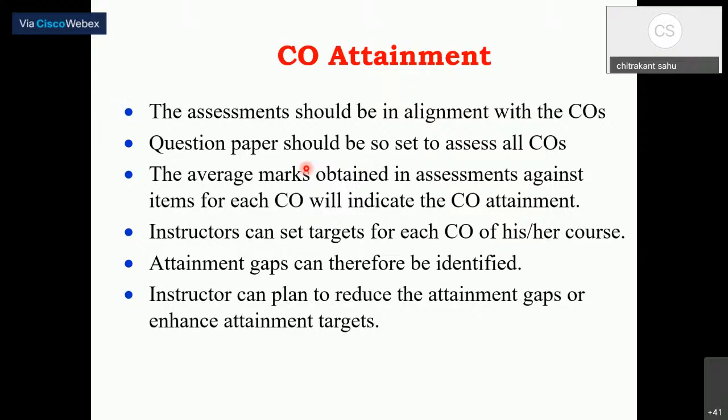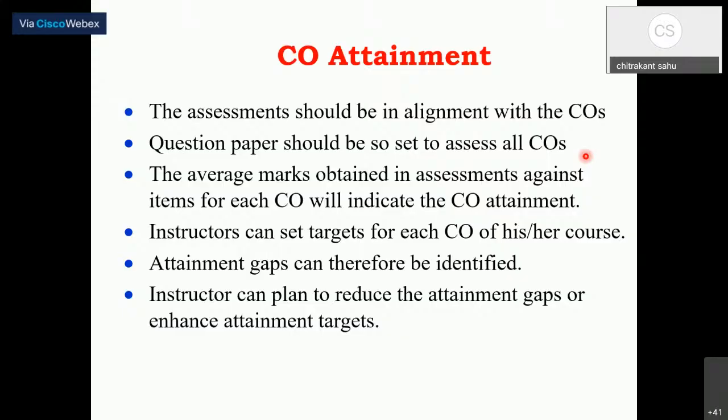The assessment should be in alignment with the COs. The first thing we need to know is that whatever assessment we are taking, in terms of an in-semester examination, midterm examination, assignment or quiz, should be in alignment with the COs. That is the first requirement of the CO attainment process. Second, the question paper should be set to assess all the COs.